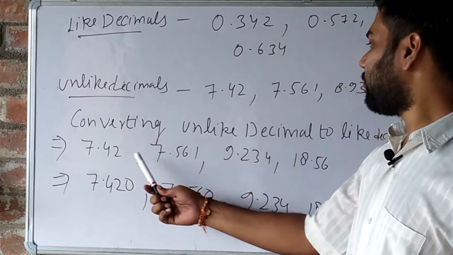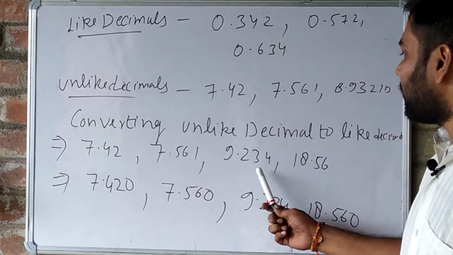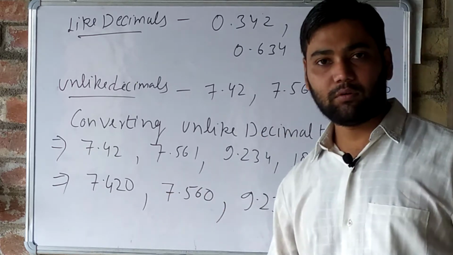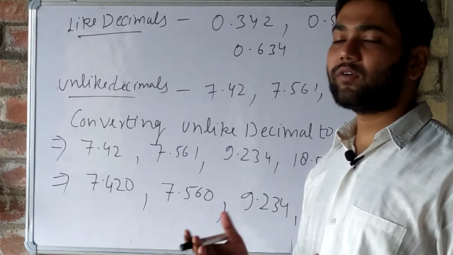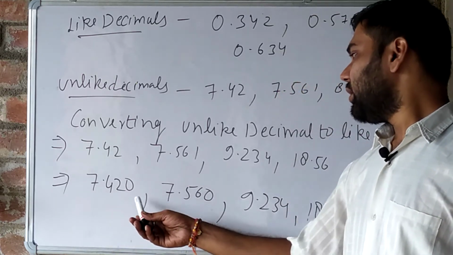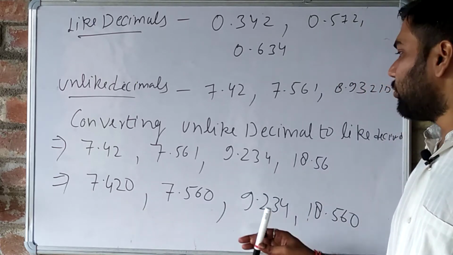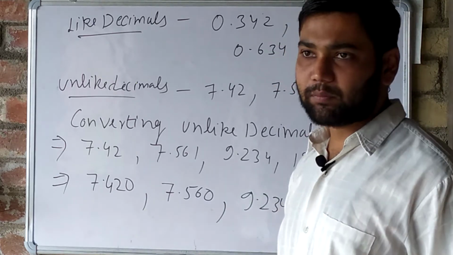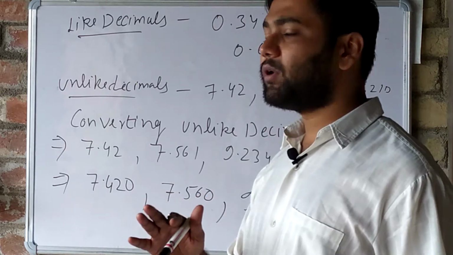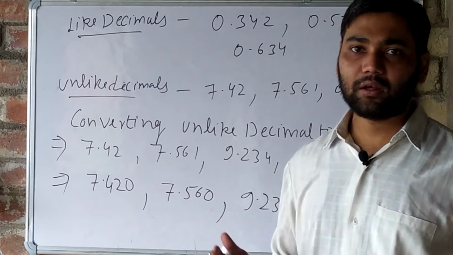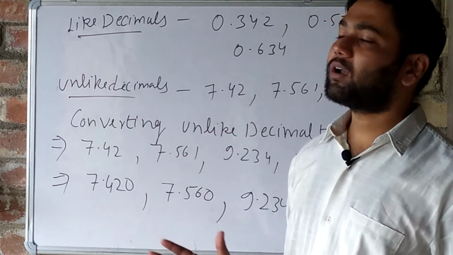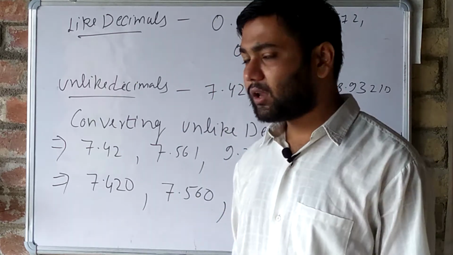For example, 7.42, 7.561, 9.234, 18.56 all have different numbers of decimal places. So we add 0 to those that have fewer decimal places to make all decimals similar, that means like decimals. So this is the way of converting unlike decimals to like decimals.